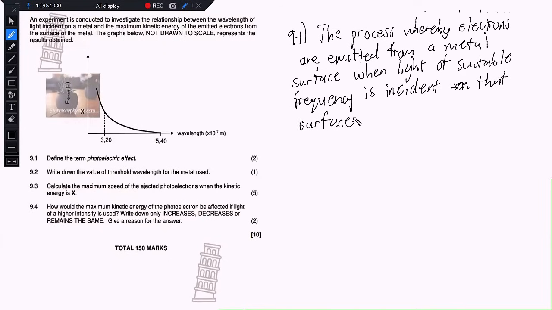Right. So also other definitions that you need to check under this topic, it's your work function and your threshold frequency.